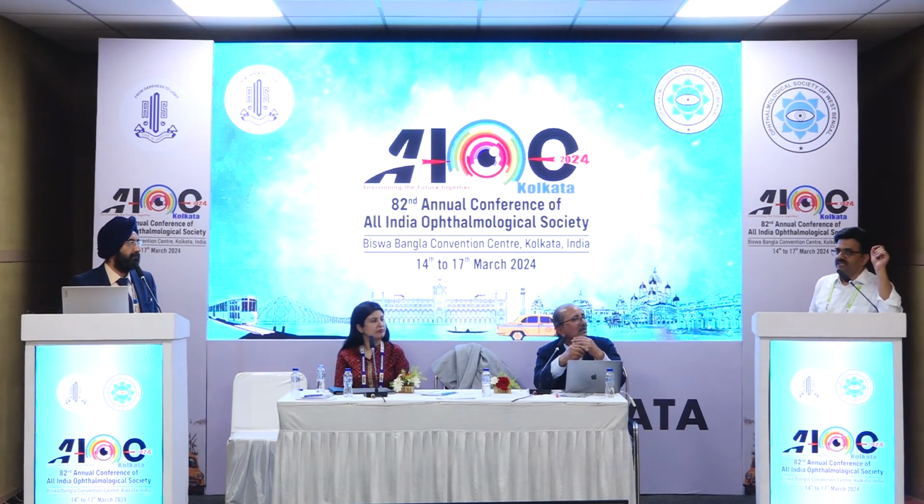Another important thing is that in children, whatever formula we use, I had done one study in which almost 22% of these children didn't end up with the target refraction we had taken, because of the change in the effective lens position due to the posterior capsulotomy and anterior vitrectomy. That is another factor.